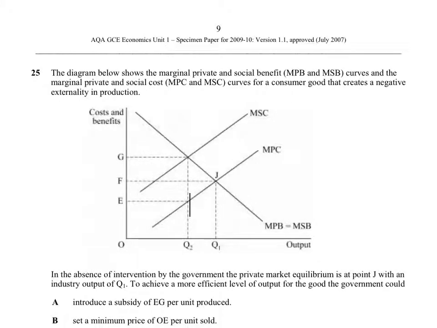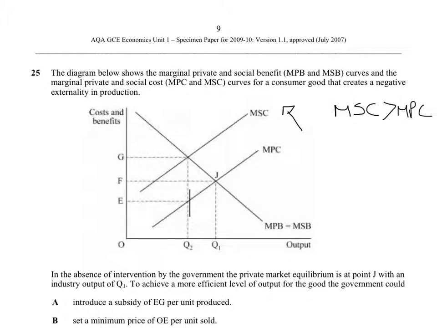Last question now. The diagram shows marginal private benefit, marginal social benefit, marginal private cost and marginal social cost. And there's a negative externality. The negative externality is reflected in the idea that marginal social cost is greater than marginal private cost.